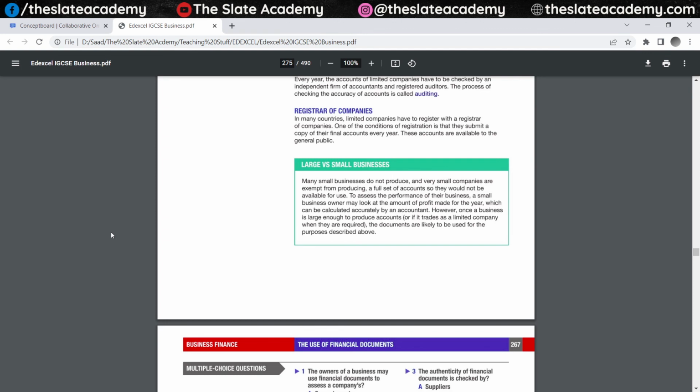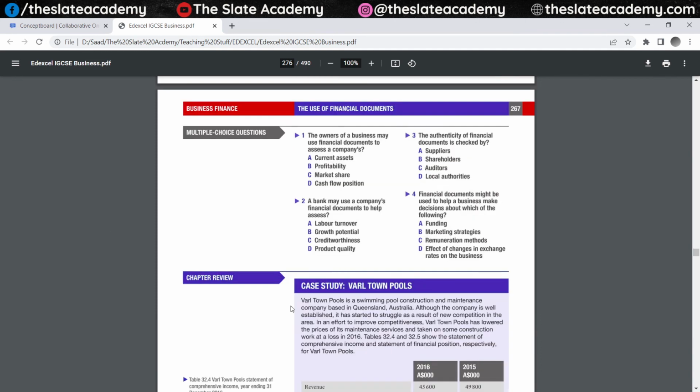MCQ, sir. I think the answer could be all four of them. If I were the owner of a business, I'd be looking at everything. So yes, profitability. Market share perhaps is not disclosed in the financial statements; there is no requirement to.